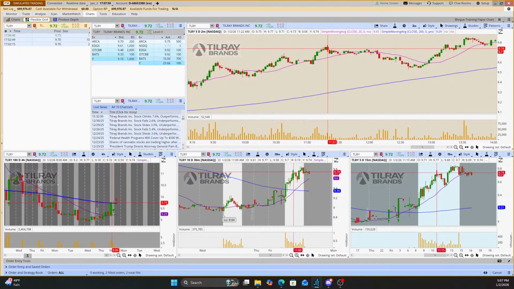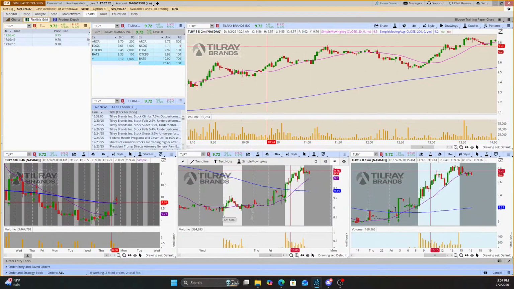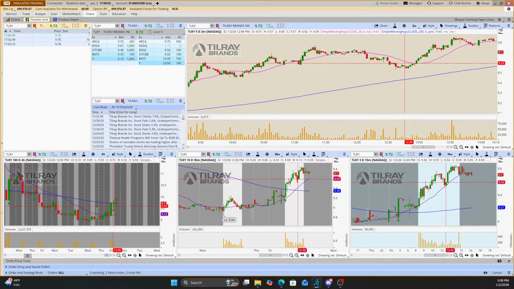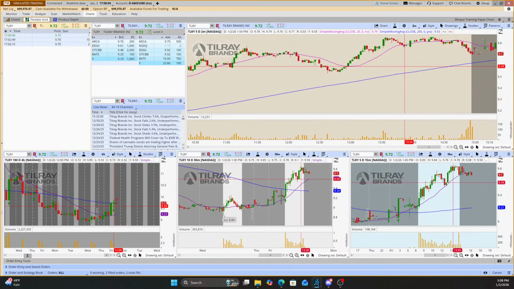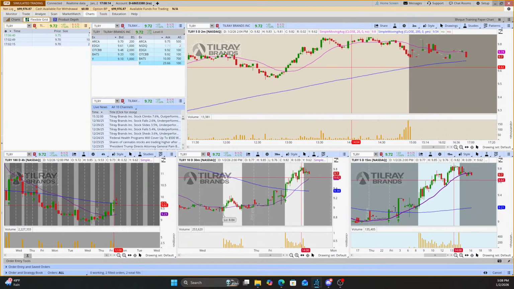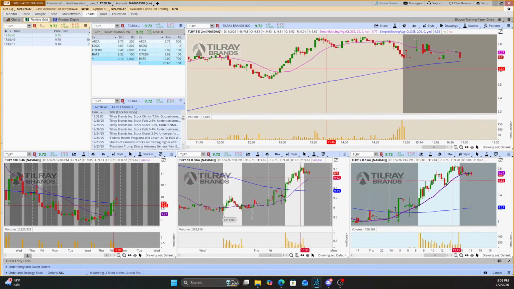Right now I'm just looking to see on each how it's synchronized. So is it still going up? Did we get knocked out of the trade if we would have bought? No. All right.